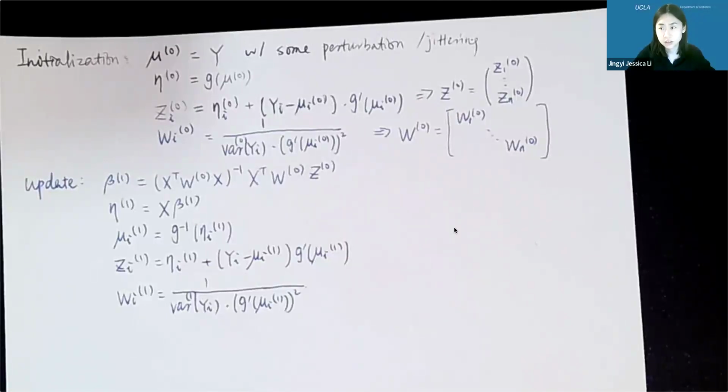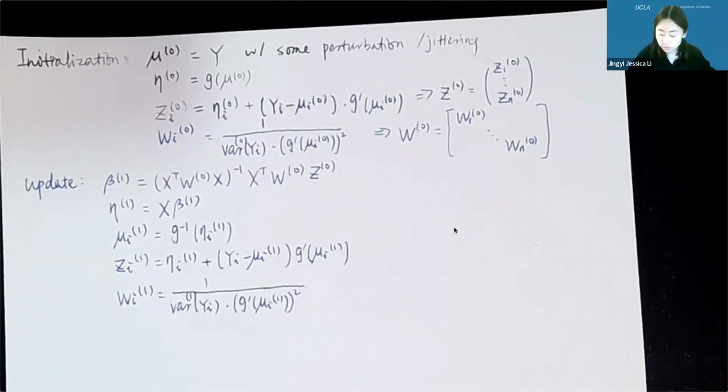Yeah, there's a hand. Could you ask your question? Professor, why is the variance of yi changing? Do we not have the data set yi? Why does the variance of yi come in? In your Wi calculation, you have the variance of yi with a superscript 0 and 1. So is it because the variance changes each round? Why is the variance changing in each iteration?